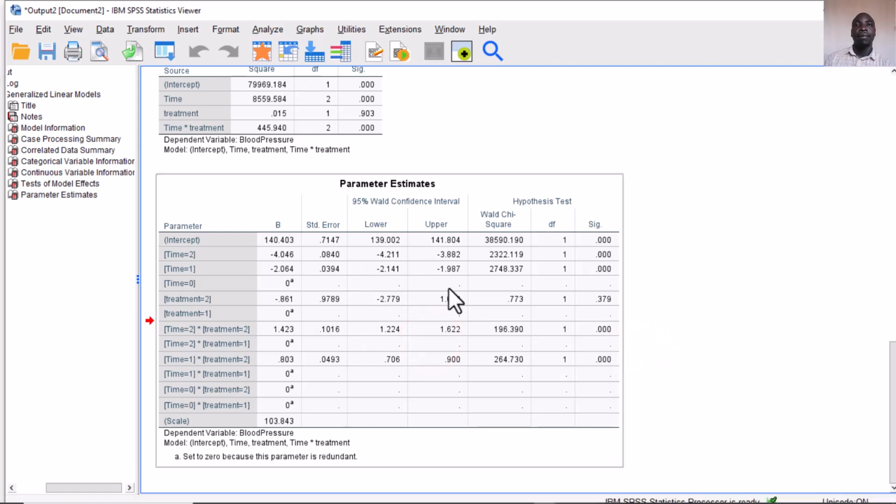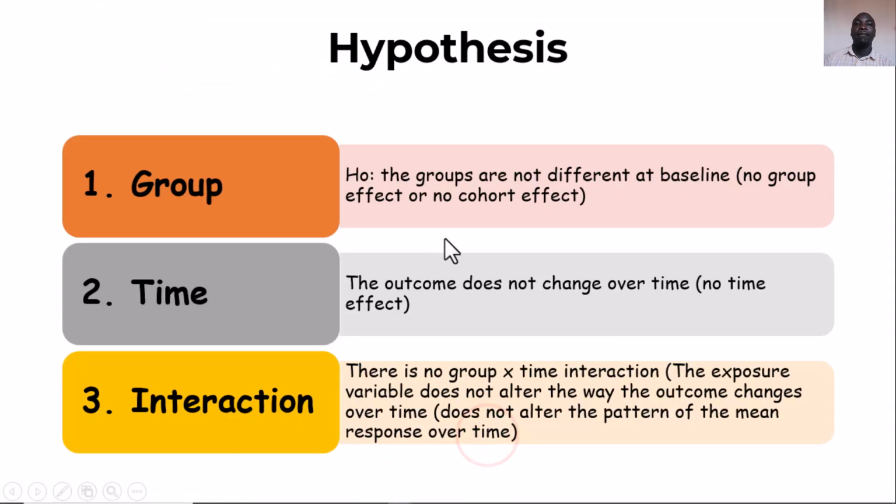For us to interpret this output well, we need to first understand the different hypotheses being tested when you're running a longitudinal data analysis in SPSS. We have three main hypotheses tested in this analysis.